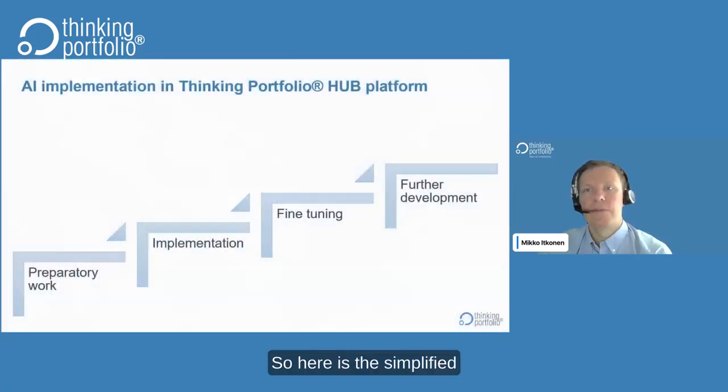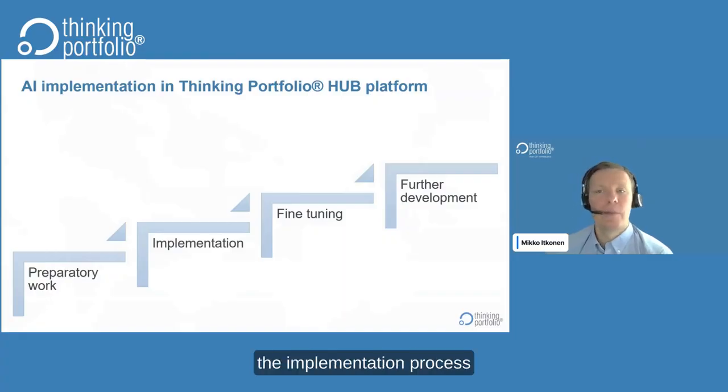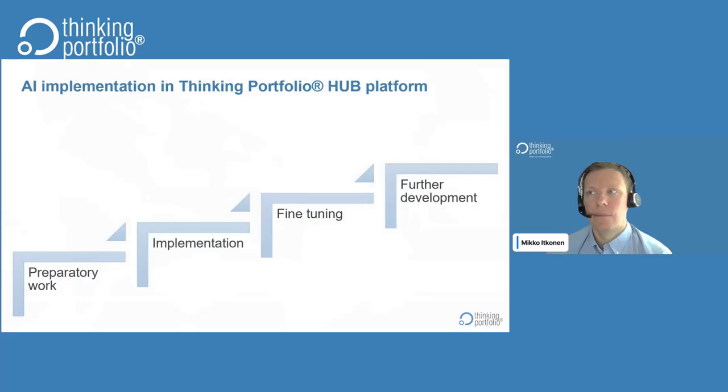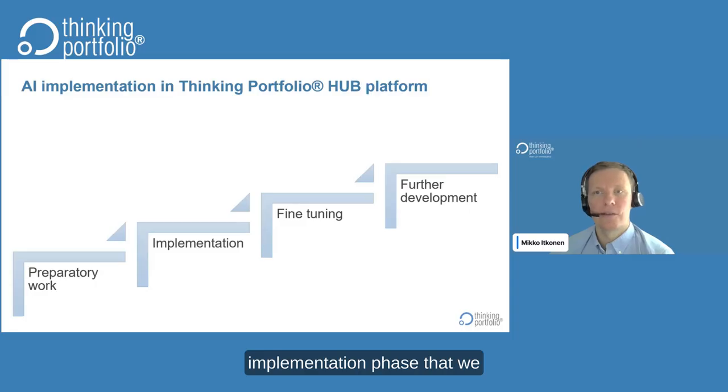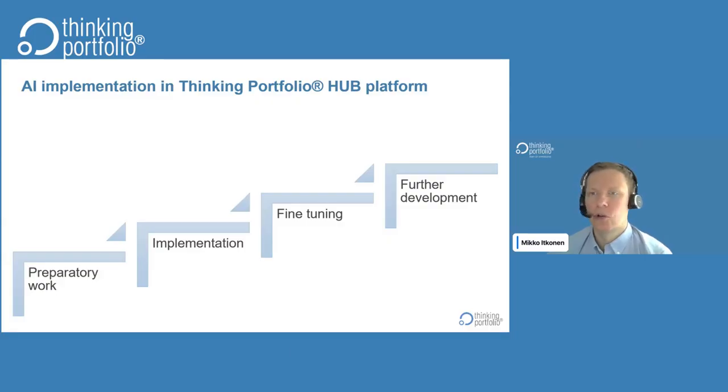So here is the simplified picture about the implementation process in our hub platform. So how to implement AI? You need to do base work. Then there is this implementation phase where we cooperate, and our consultant will then configure those AI features to your portfolio or portfolios.